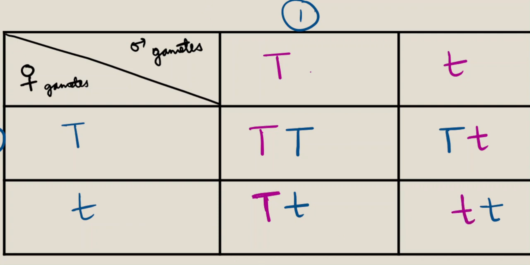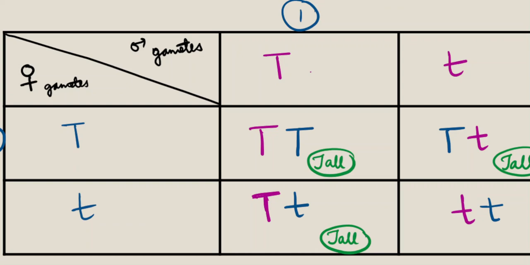So if you can see, capital T gives what? Capital T is for tallness, tall height. Even this is for tall height. Even heterozygous, this is heterozygous tall.